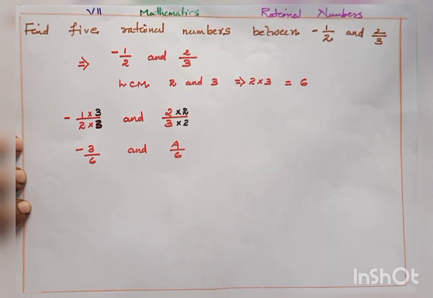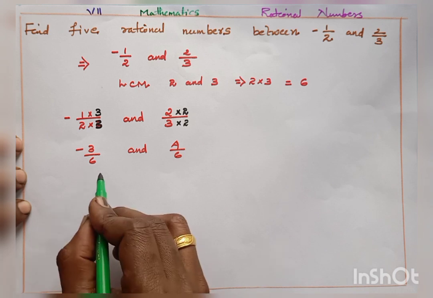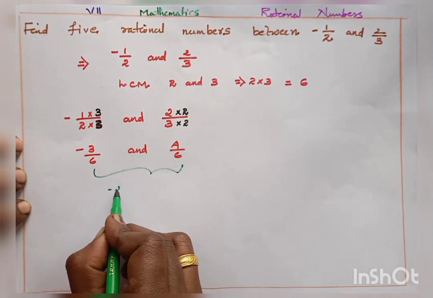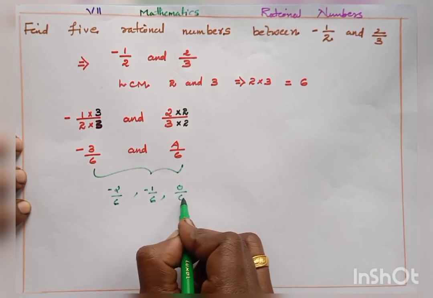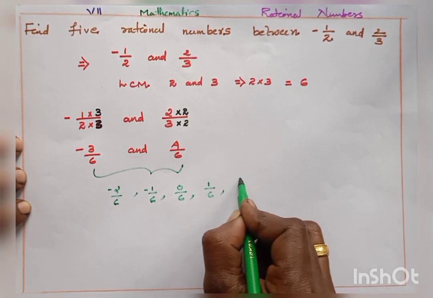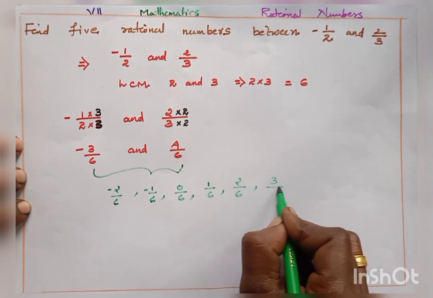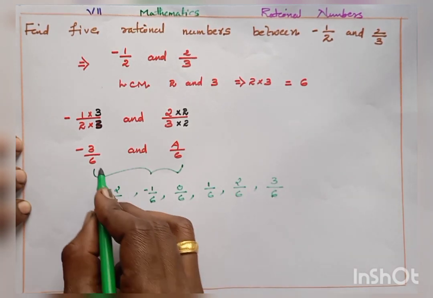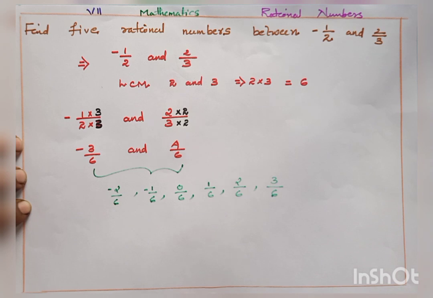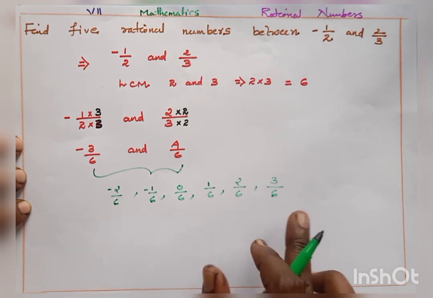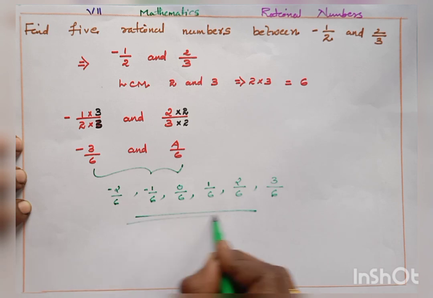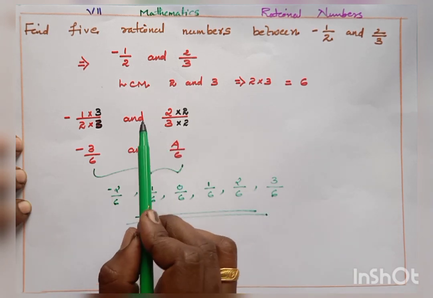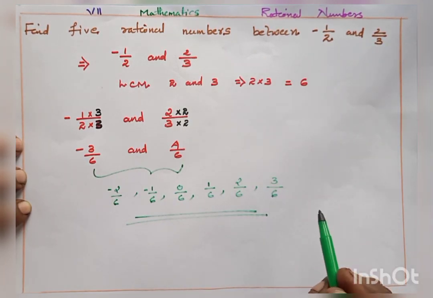In between minus 3 by 6 and 4 by 6, we can find minus 2 by 6, minus 1 by 6, 0 by 6, 1 by 6, 2 by 6 and 3 by 6. These are the numbers that lie between minus 3 by 6 and 4 by 6. You can select here 6 numbers. You can select and write any 5 rational numbers in between minus 1 by 2 and 2 by 3.